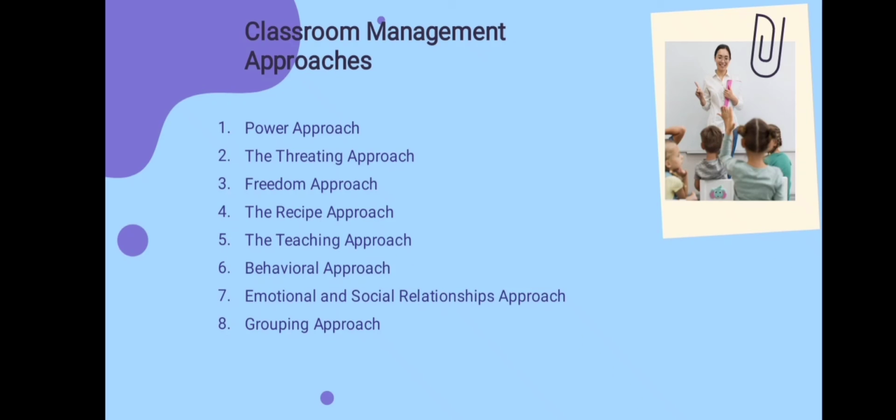So there are some approaches about classroom management. First, power approach. 2. The threading approach. Number 3, freedom approach. Number 4, the recipe approach. Number 5, the teaching approach. Number 6, behavioral approach. 7, emotional and social relationships approach. And then grouping approach.